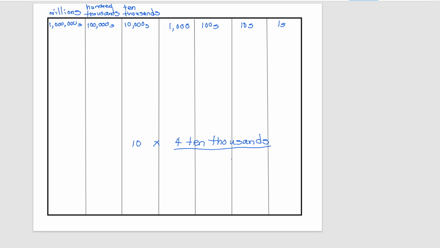We find our 10,000s units and we do 4 of them. And then we're going to do this 10 times. So we have 4 10,000s, 10 times, so that gives us 40 10,000s.